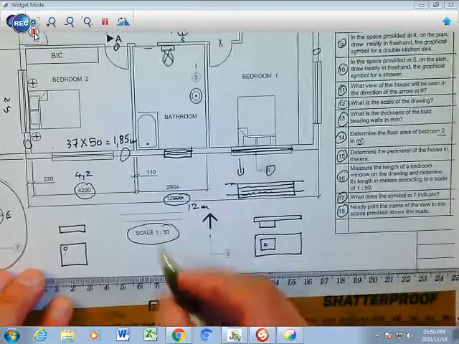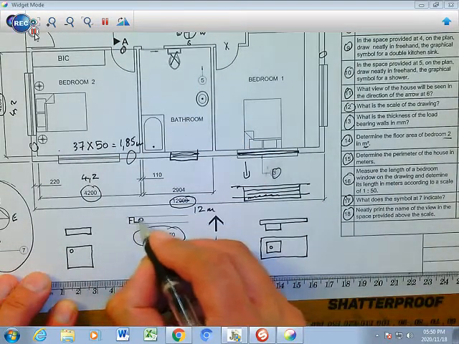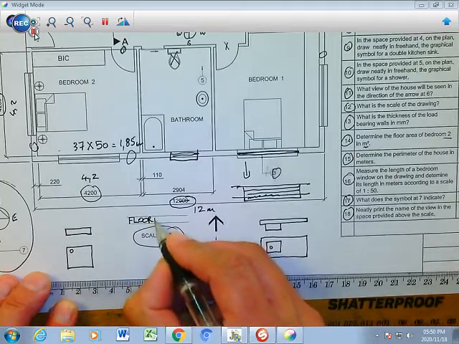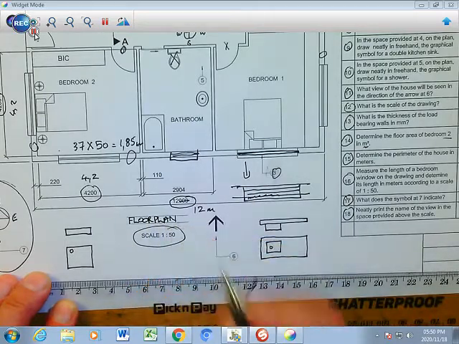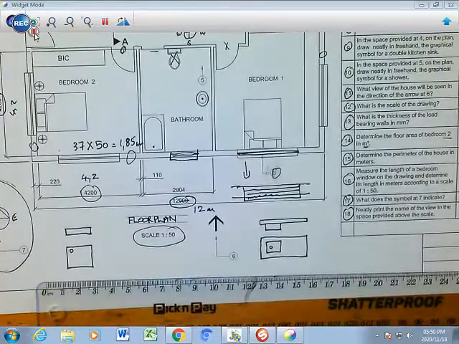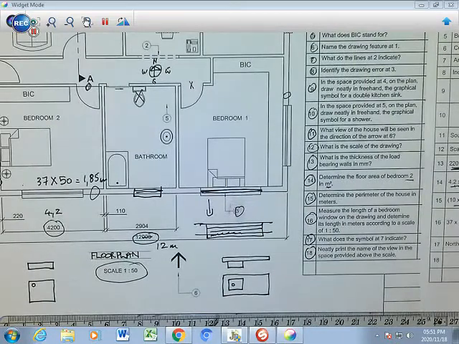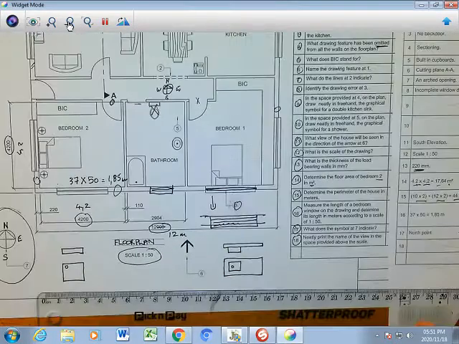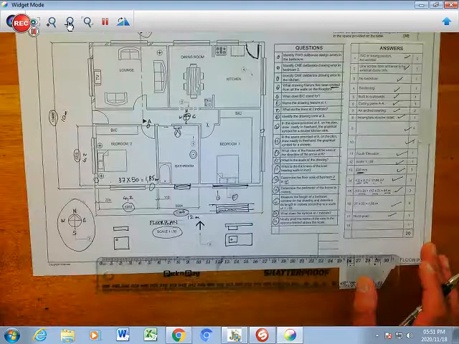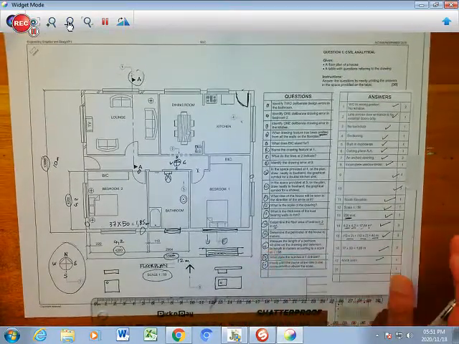So there's the space provided. This here is a floor plan. So you've got to print it, floor plan, capital letters between the space of the 2 lines. And that is the conclusion of your floor plan, or analytical drawing, which you are going to do as the first question in your paper.